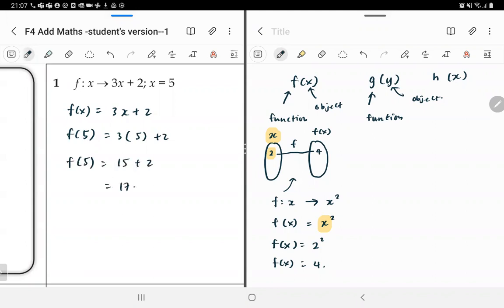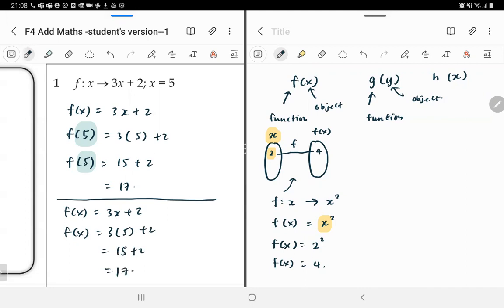So you will get 17. Okay, if you don't write it with f(5), it is also correct. You can write it like this, f(x) equals 3x plus 2, and then f(x) equals, replace the x here with 5. So 3 times 5 plus 2, so 15 plus 2, 17.